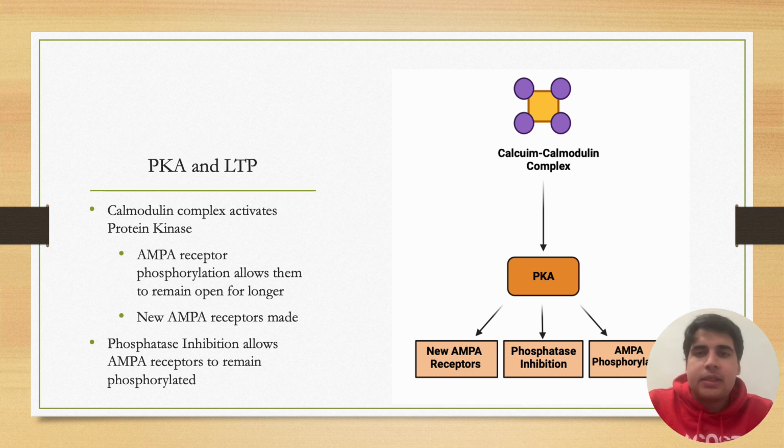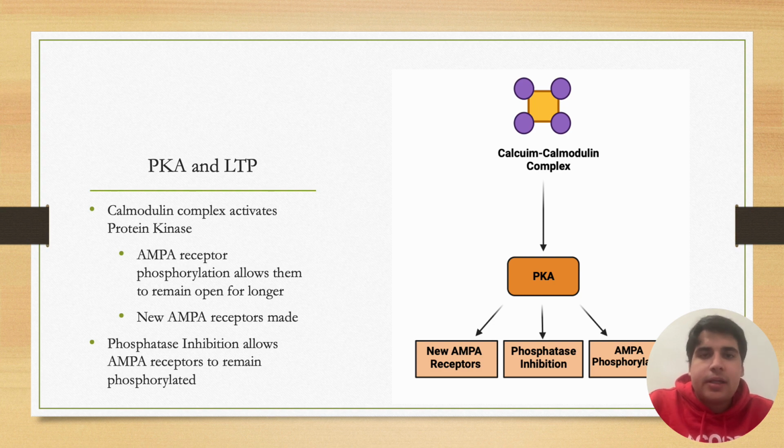Furthermore, PKA allows the AMPA receptors to get phosphorylated, which means that they can remain open for a longer time even after glutamate is no longer binding to the AMPA receptors. So these changes are more long lasting because even if glutamate isn't there, the AMPA receptors that are phosphorylated remain open for a longer period of time.